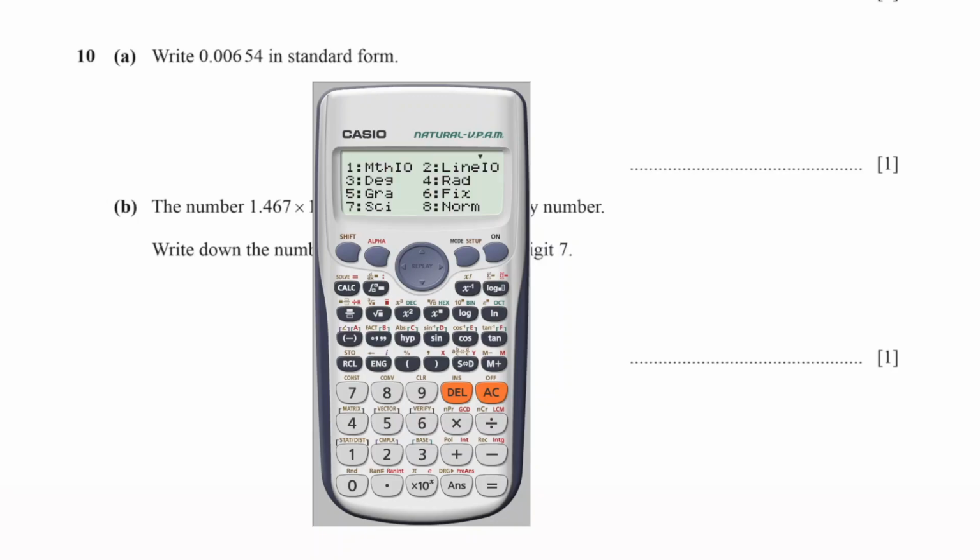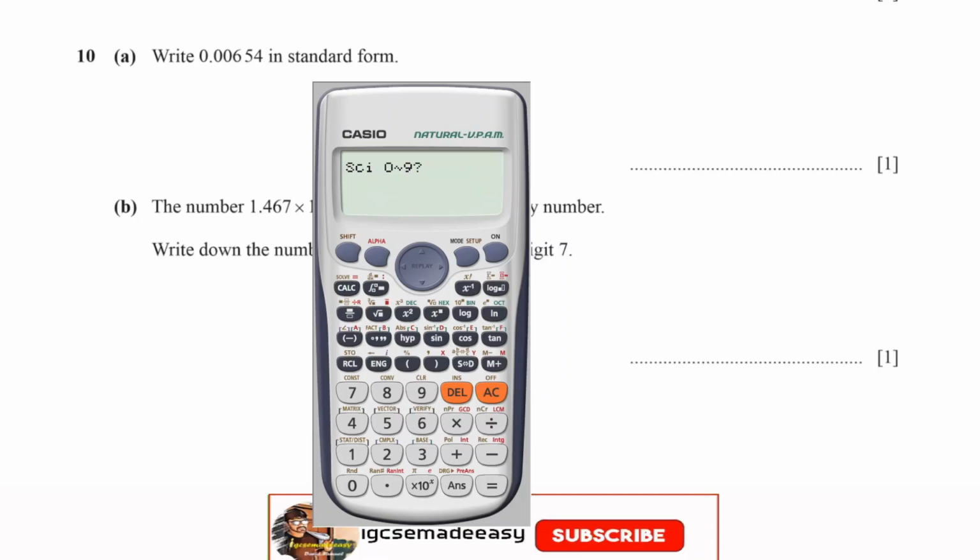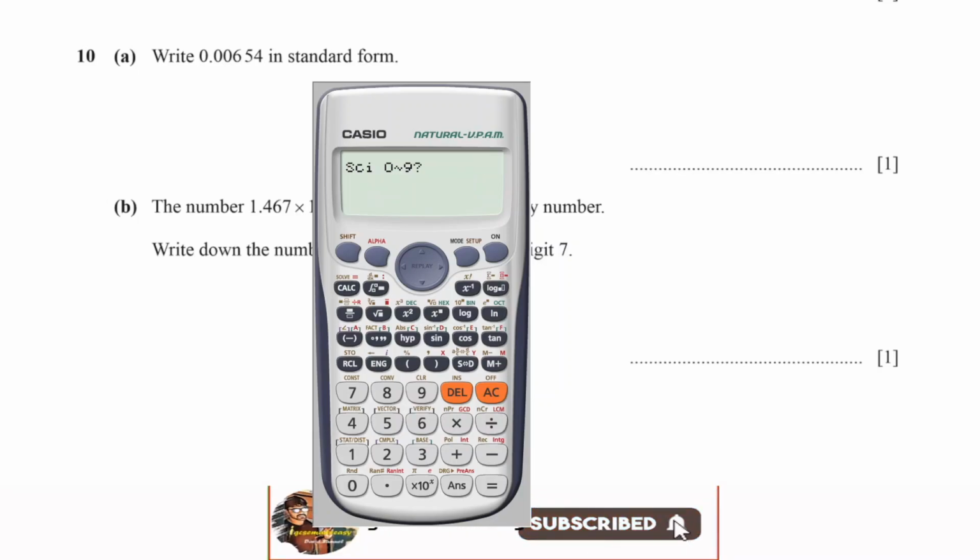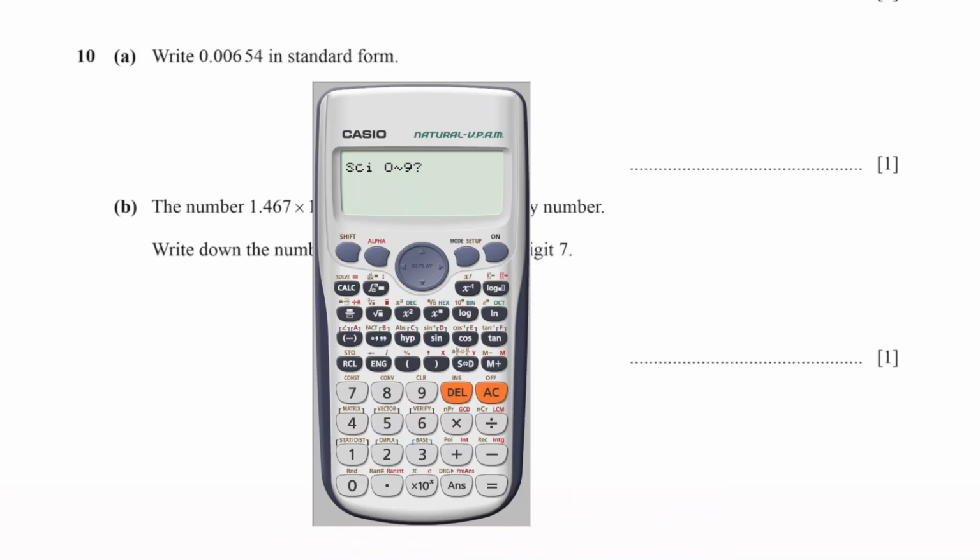You have to change into scientific, that is 7. I did shift mode and then I press 7, and now it is asking 0 to 9. What number do I have to take? The number of digits, excluding 0. How many digits are there: 6, 5 and 4, right? 3 digits are there. I'll press 3 there.